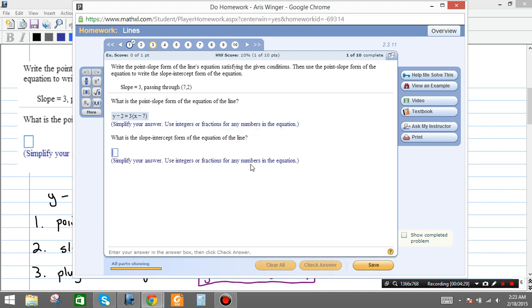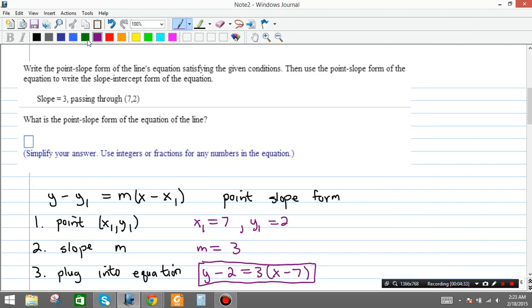Right? And then for the second part, slope intercept form means that they want it in terms of y equals mx plus b.